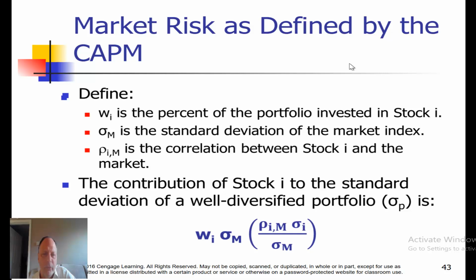So the contribution of stock i to the standard deviation of a well-diversified portfolio is going to be the weighting in the stock times the standard deviation of the market times this term here, which is going to be the correlation of the stock with the market times the standard deviation of the individual stock over the standard deviation of the market, and we will define that term as beta.